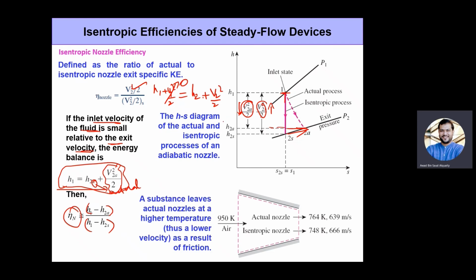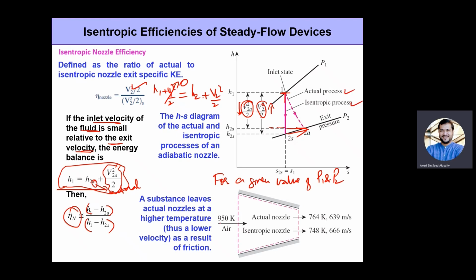So essentially what's happening is if you have an isentropic process, you get the maximum possible velocity in the nozzle for a given value of P1 and P2. Okay, so this is really important to remember. P1, P2 remain the same, whether the process is actual or isentropic, right?